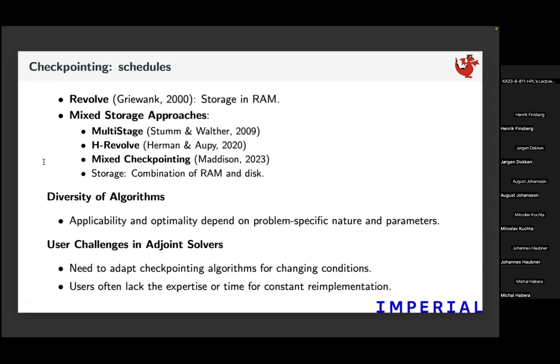And it's difficult because maybe you have a checkpoint algorithm in some code or in different languages, so it's difficult for the user, for instance, to change the checkpointing or implement it. There is some time or expertise needed to deal with this kind of problem.